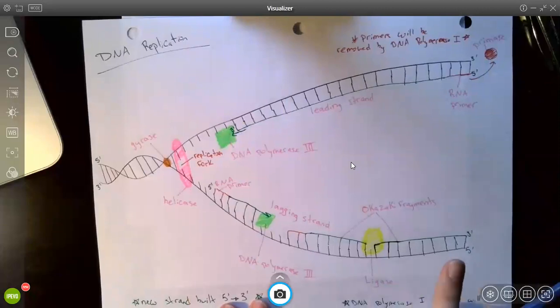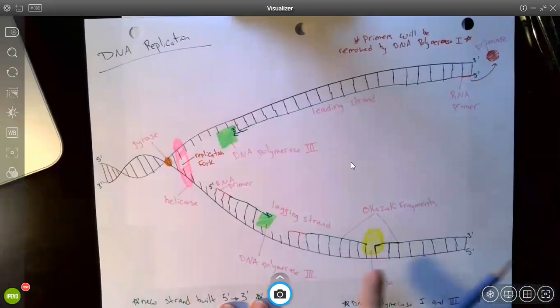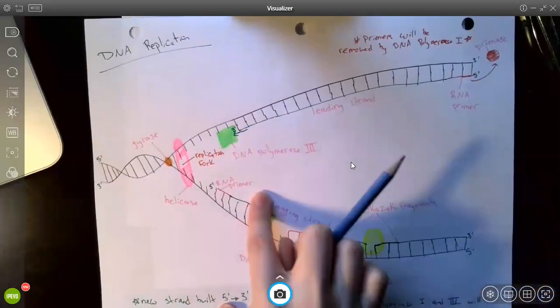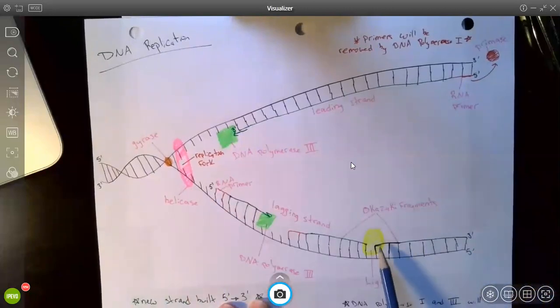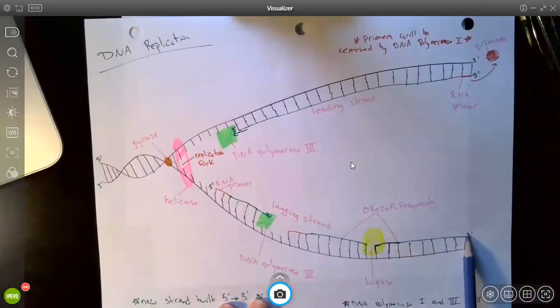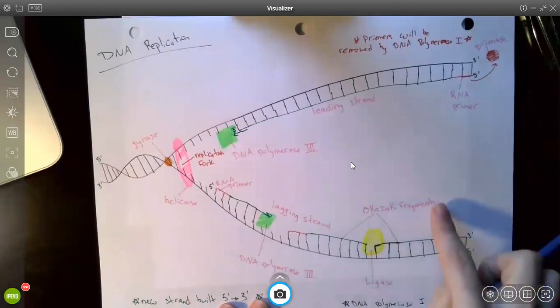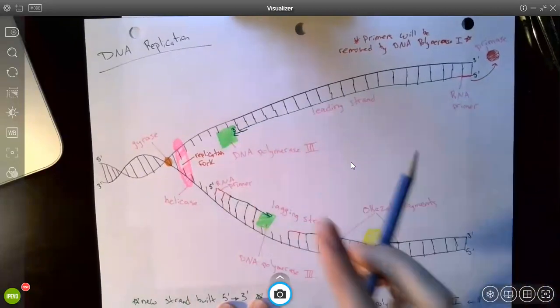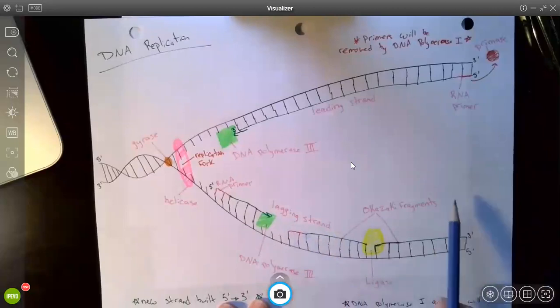And then the lagging strand would be this new strand down here. It would start like right here. This would be its little primer. It would start right here and build in the 5' towards the 3' direction. And then as more of this strand opened up, the DNA polymerase would come back.